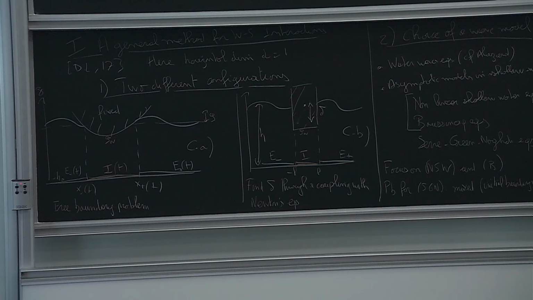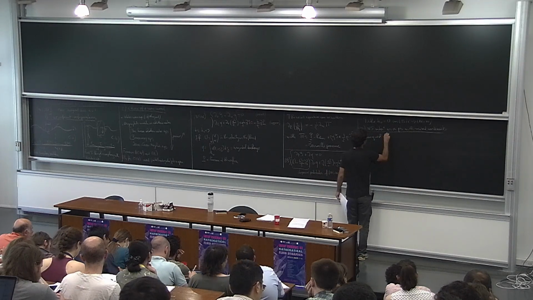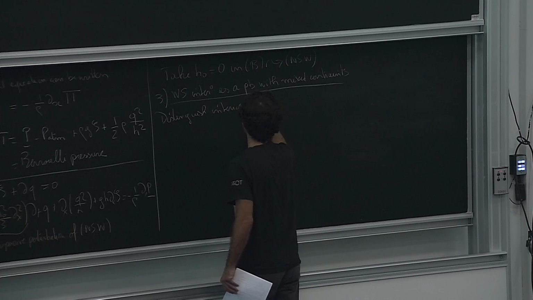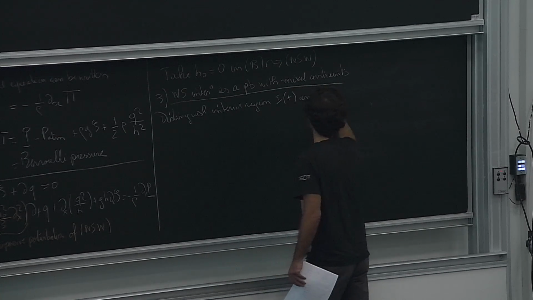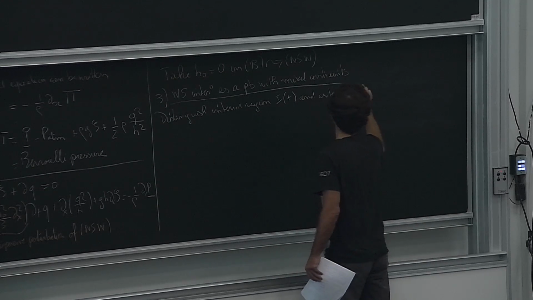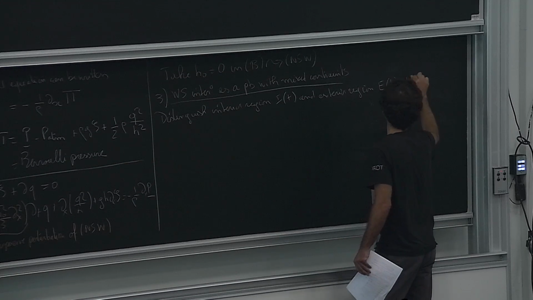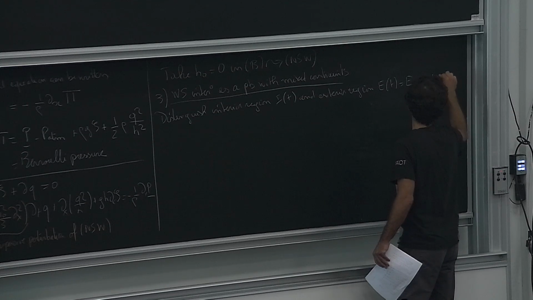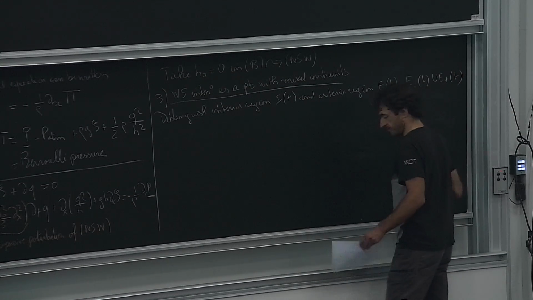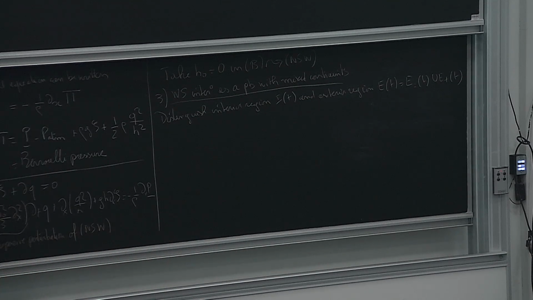So you distinguish the interior region, which I write I of t, and the exterior region, that I write E of t, which is, in this case, two connected components, two half lines. Okay, and there is no dependence on t in the second configuration.